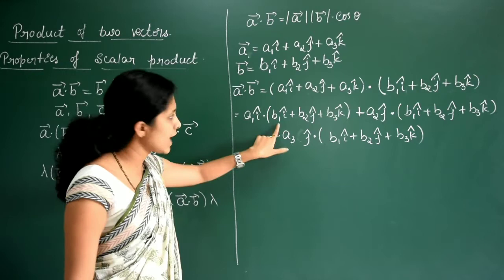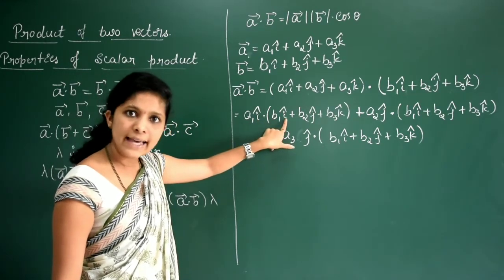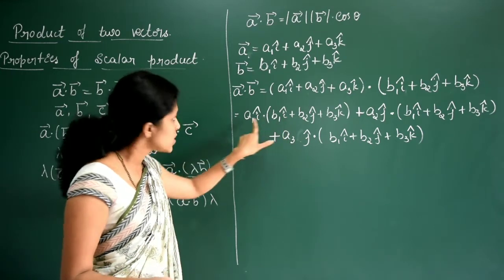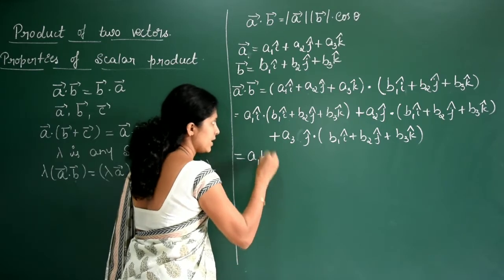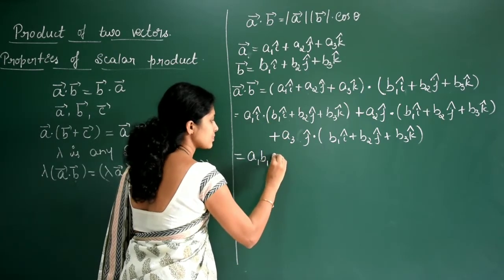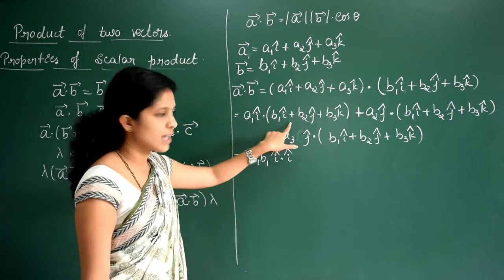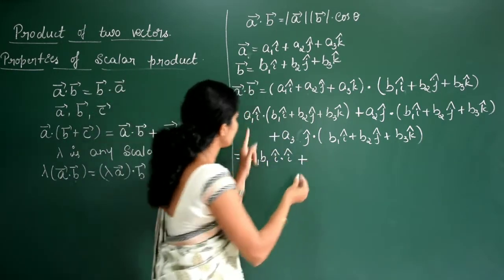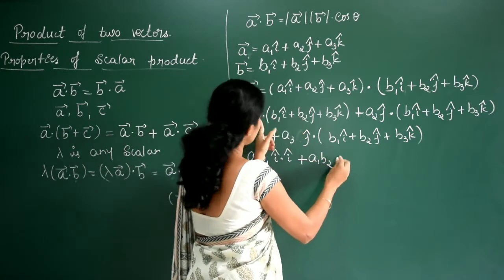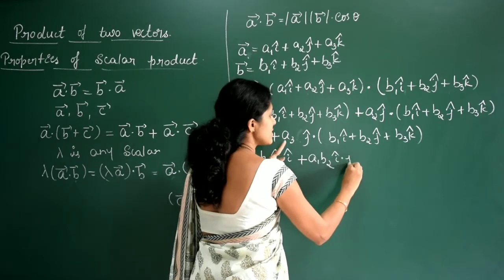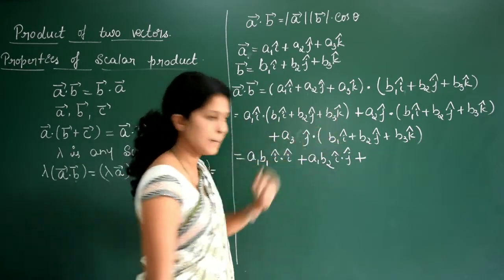Here A1 and B1 are two scalars, those are the values, and i cap are the unit vectors. So we can write this as, first the scalars, A1 B1 i cap dot i cap. It's clear? Dot product of the two vectors. i cap dot i cap, plus second will be A1 B2, remaining i cap dot j cap, plus next will be A1 B3.